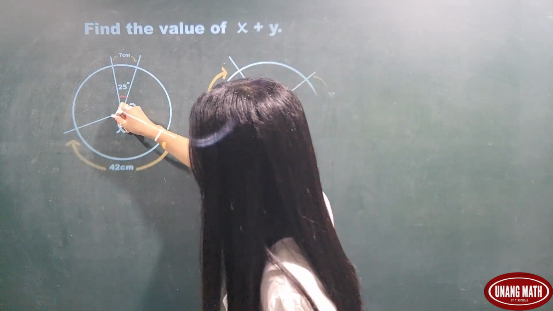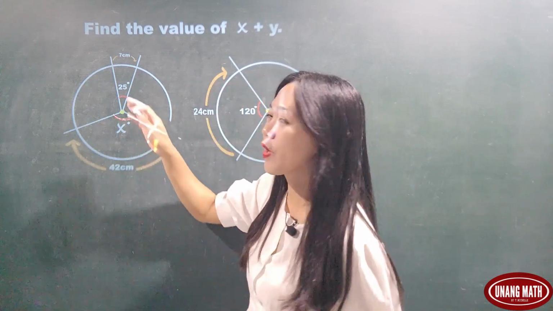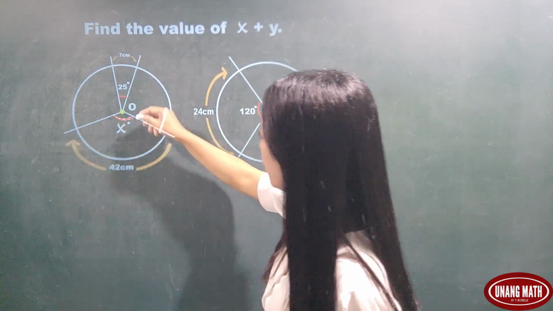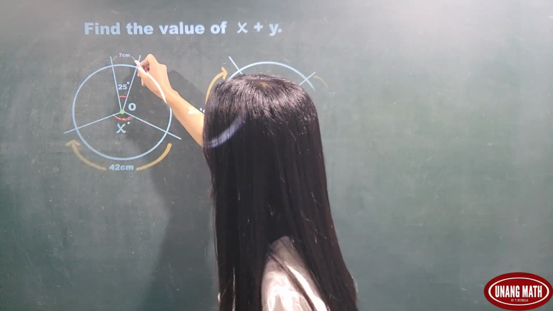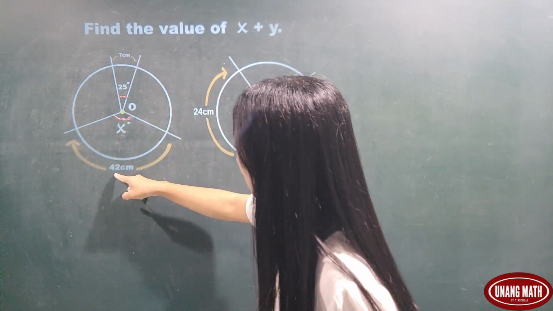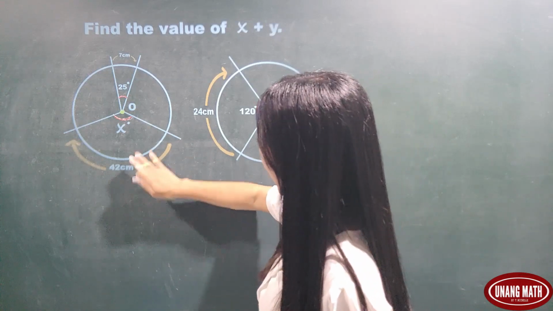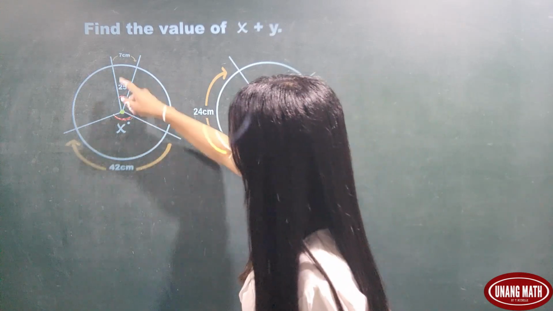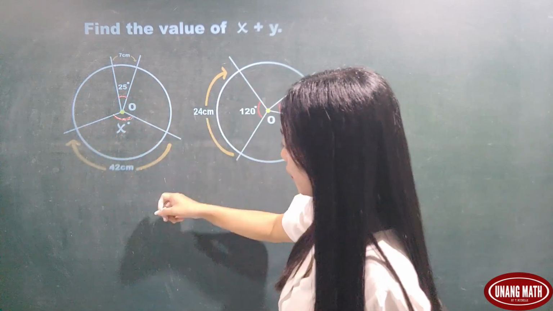This x is referring to the measure of this angle. We are given clues that this angle is 25 degrees. This arc measures 7 centimeters and this is 42 centimeters.